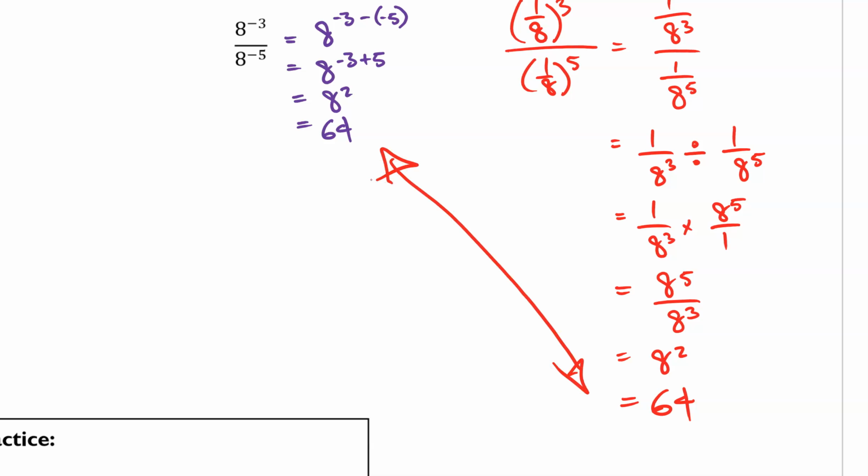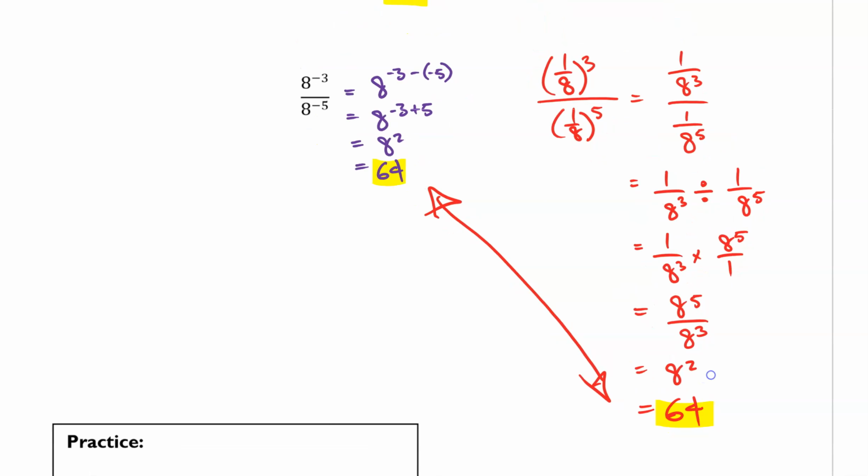Do you see it? You get the same thing either way, however you want to do it. But I would definitely recommend doing it this way first, because that's a more logical way of doing it. But if you wanted to test your practice of your fraction skills, go ahead.